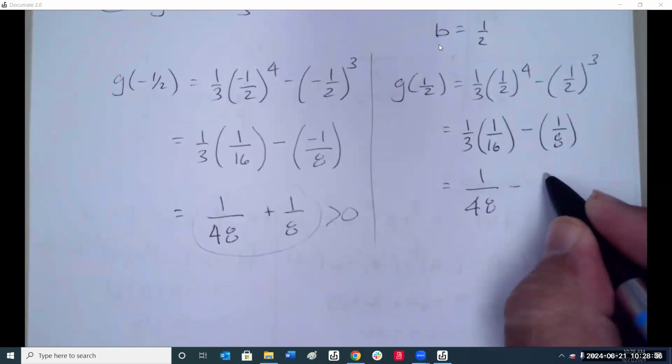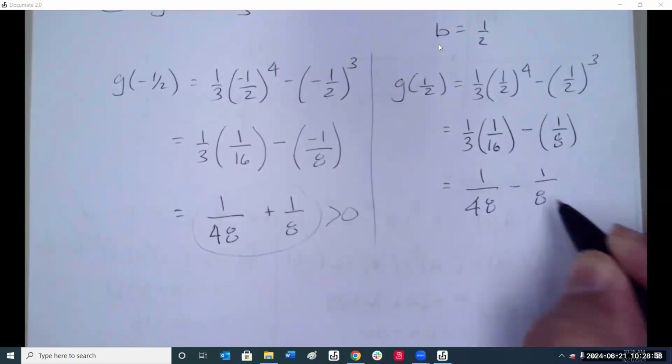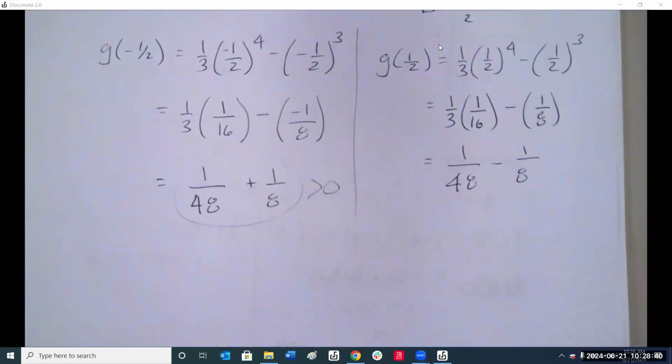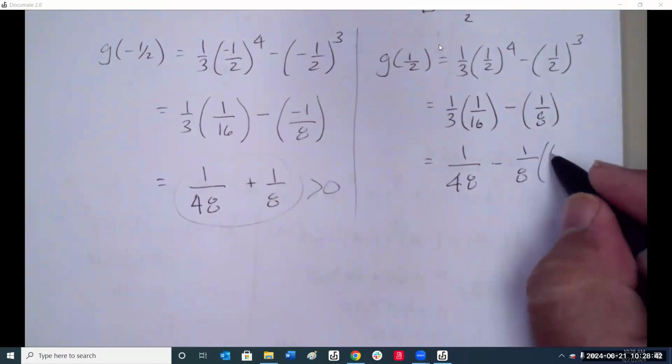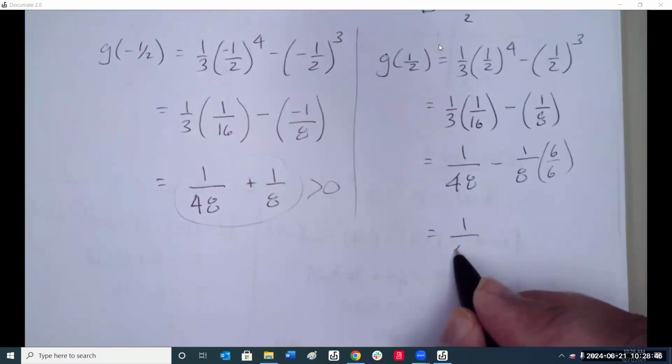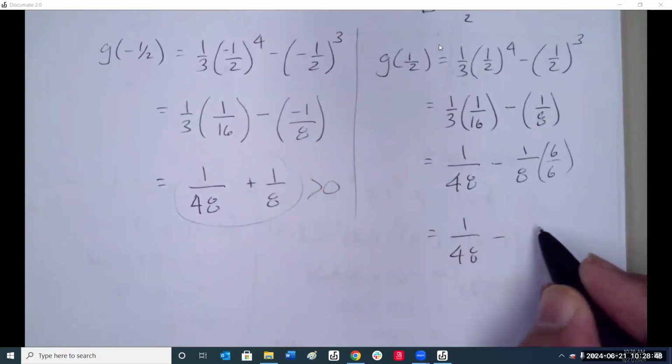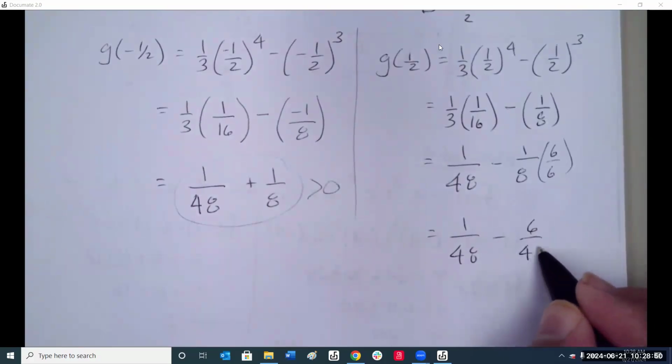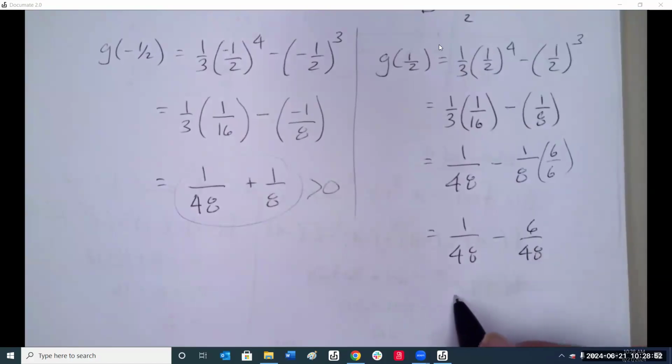1/48 minus 1/8. We have to multiply this one by 6. We have 1/48 minus 6/48. This one's going to be -5/48.